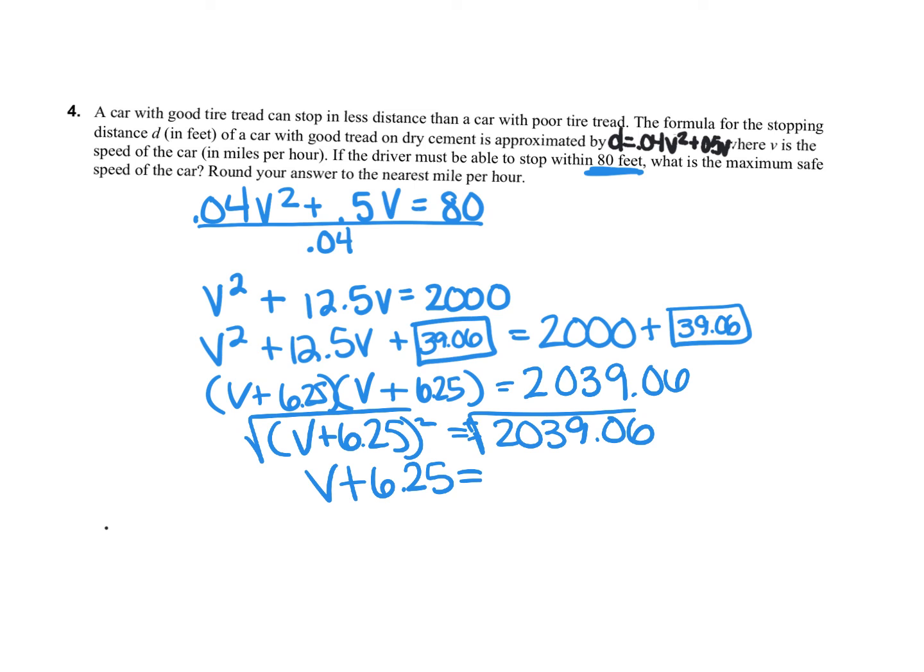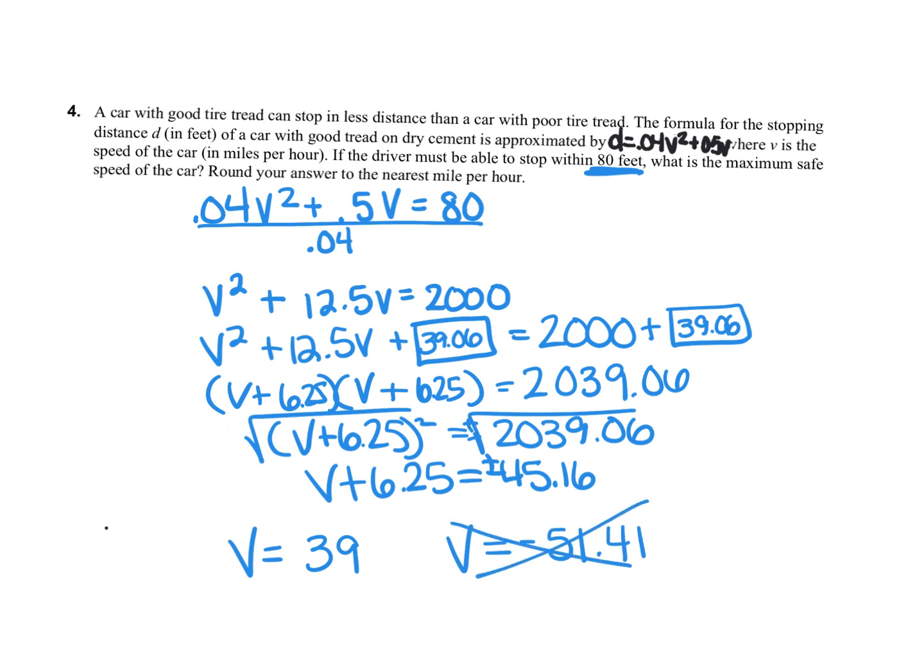I'm just going to round that to 45.16, and it's plus or minus. So we have V is going to be equal to 39, and then V is equal to also negative 551.41. And remember, we cannot have a negative in this answer, so we are going to cross that one off. And so the speed then would be 39 miles per hour.